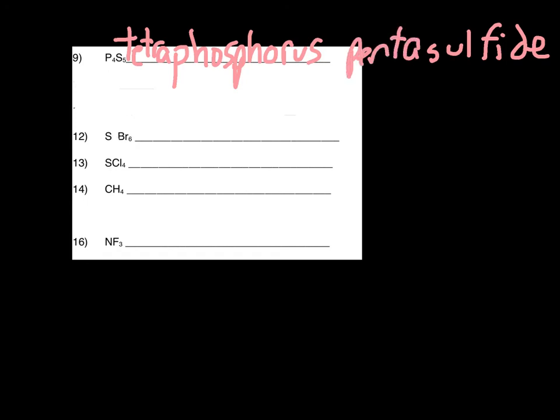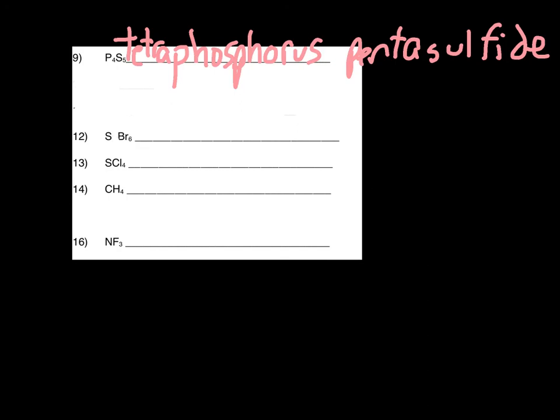So I have sulfide. Then I add my prefixes next. So I have 4 P's. That means I have tetraphosphorus. Okay, I have 5 sulfurs, so that would be pentasulfide. So I have tetraphosphorus pentasulfide.